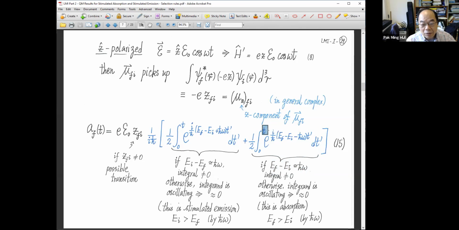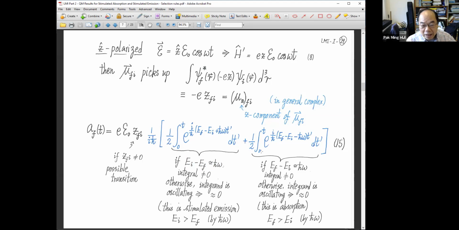All right? So we started to see two processes. For the second term condition, final is above initial, that is absorption. For the first term, the only condition that we should consider is when the initial is above the final and equals the incident light. That is emission. All right.